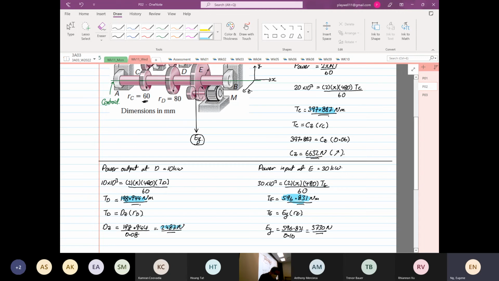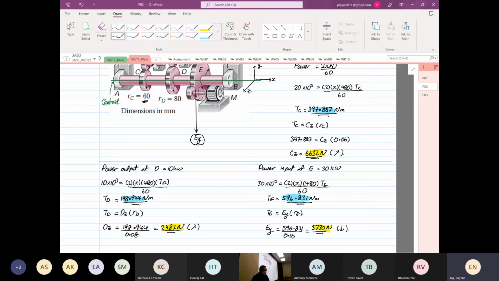So the ones I highlight in blue are the torques. The ones I highlight in yellow are the forces. So I'll sketch out the direction. So from here is easy now. Okay.